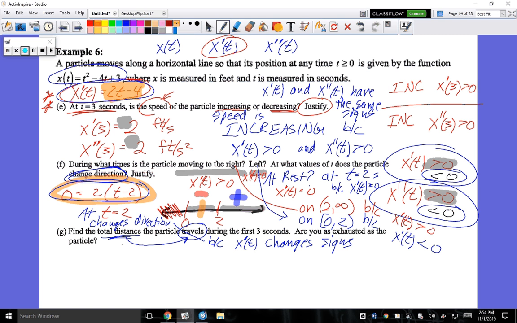Guys, how can I determine what's the total distance this has traveled? What can I do? I'm going to do f of b minus f of a. I'm going to do the change in position for sure, otherwise the displacement.